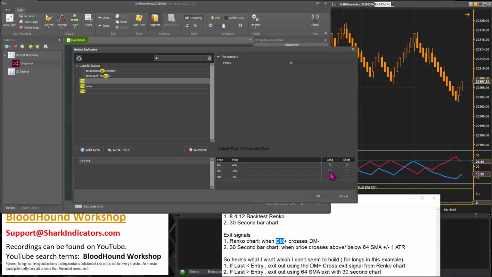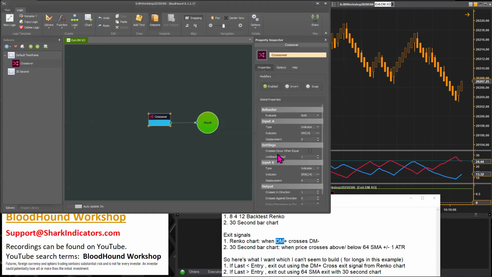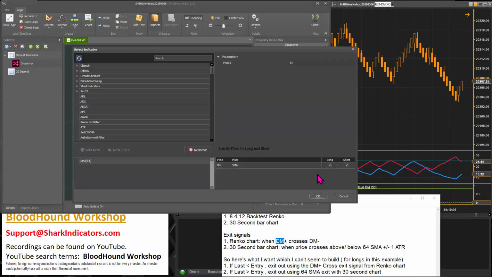So for input A, we're going to select the DI plus plot there, right? So input A will be the plus DI plot. And then for input B, we're going to do the same thing.